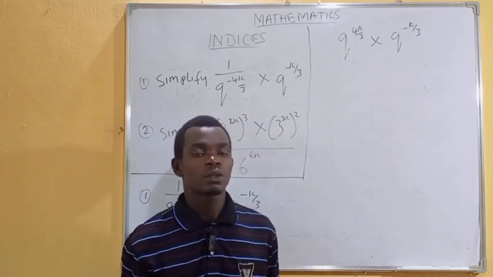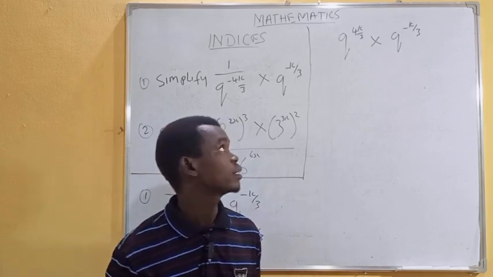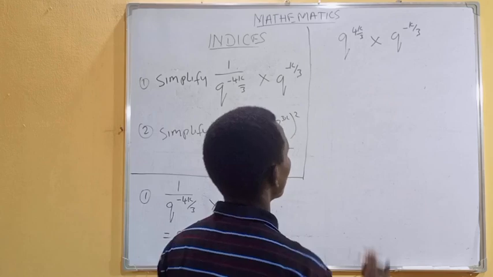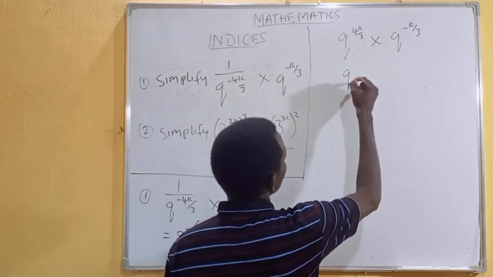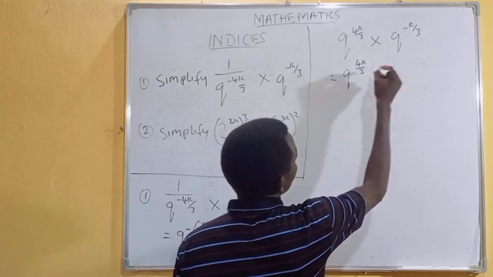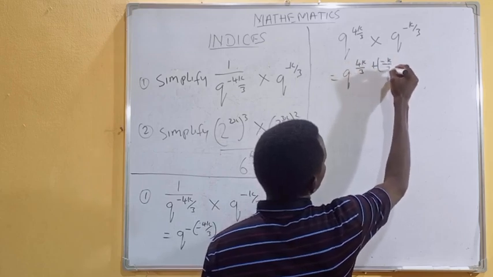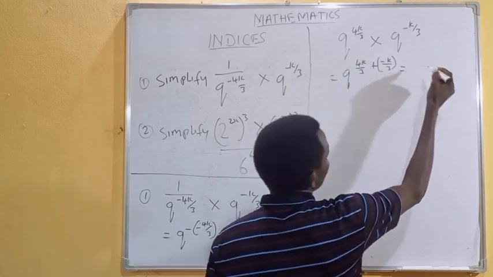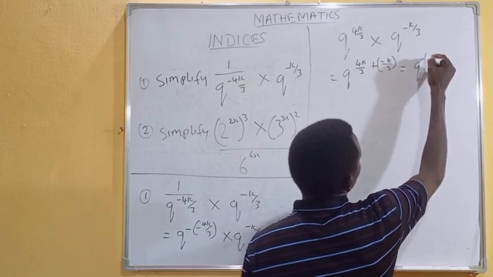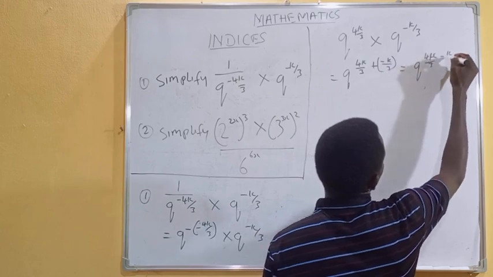We see that when two bases are the same, you add their indices or their powers. It will now be q raised to the power 4k over 3 plus k over 3, which is q raised to the power 4k over 3 minus k over 3.